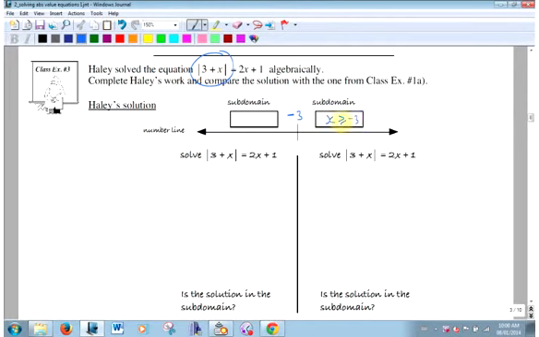Like 0 is greater than -3. 3 plus 0, that's positive. Everybody okay with that? If this thing is positive, do these lines mean anything? They only mean something if it's negative. So I can get rid of them, right? So if this is positive for values of x greater than or equal to -3, that's all I do. I don't even have to worry about the absolute value part.